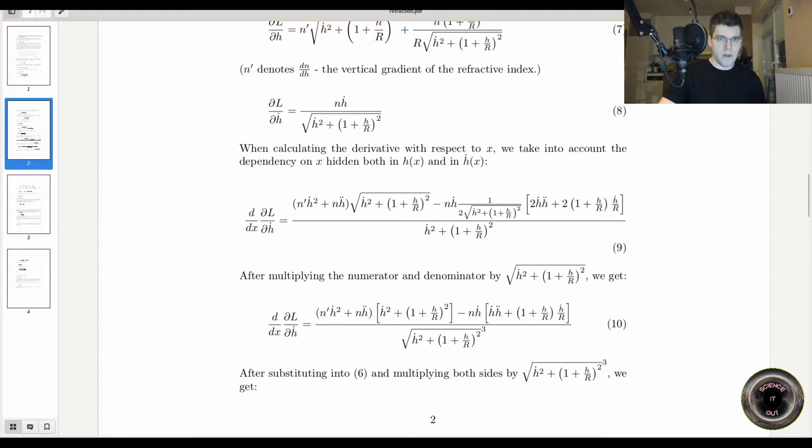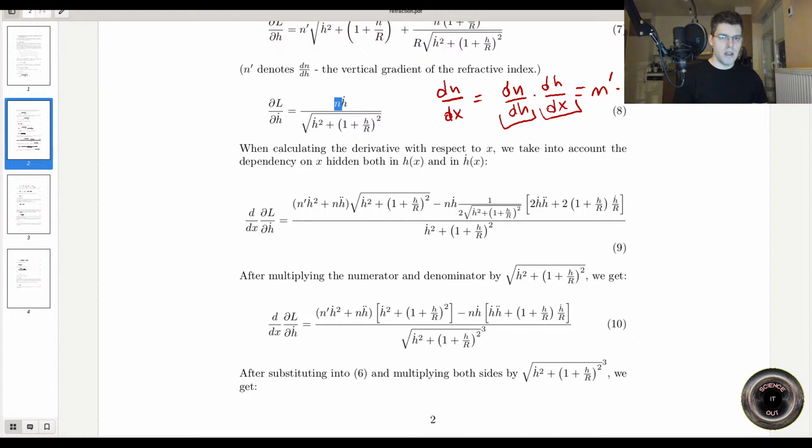So when we calculate the derivative of n with respect to x, you can see how easy it is to make a mistake in such calculations. Let me just write it. The n over the x is the n over the h times the h over the x. So it's n prime times h dot. So this is h dot, this is n prime.